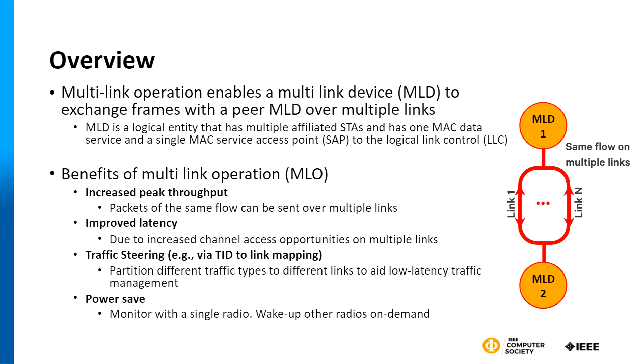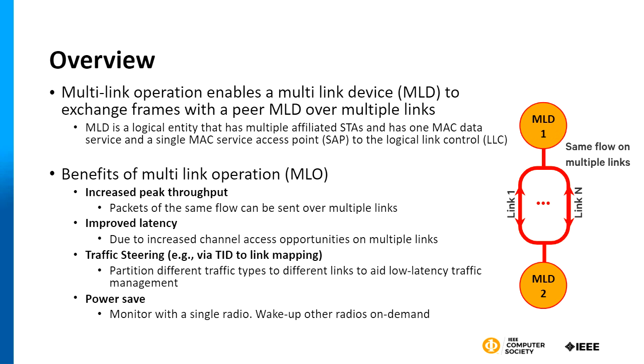And this entity has multiple affiliated stations, which are the traditional stations that we use in 11AX and prior to it. And it has also an additional higher layer MAC data service and a single MAC-SAP that connects to the logical link control, so that all the data that is being transmitted on these different links is essentially collected by this MAC-SAP and provided to the LLC, to the higher layers.